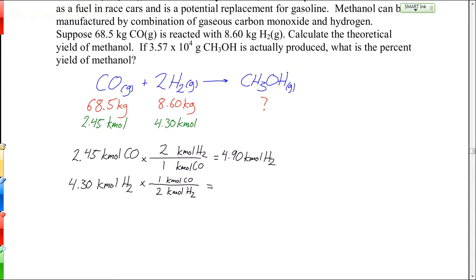So that would give us 2.15 kilomoles CO. And you can see that we have more CO than we need. So there's an excess of CO. So hydrogen is our limiting reactant there.